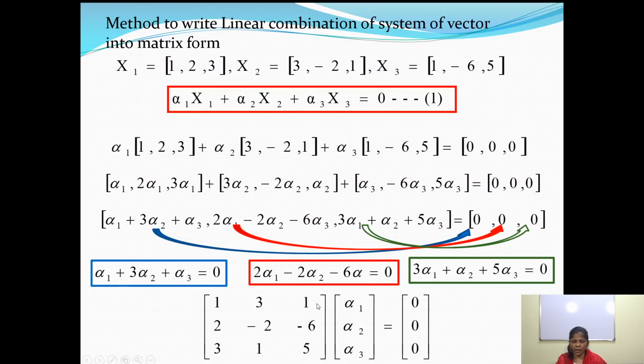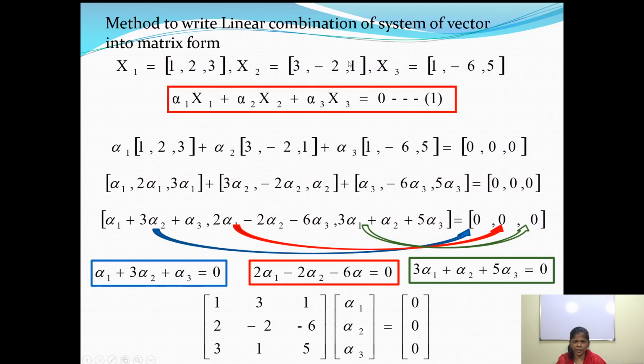Now we have gone through so many steps, but one can write this matrix form directly from the linear combination. How to write? See here, we have the first vector x1 in this linear combination. Just write the elements of this vector as the first column. So the elements are 1, 2, 3, and we write that as the first column. Then the second vector is x2.